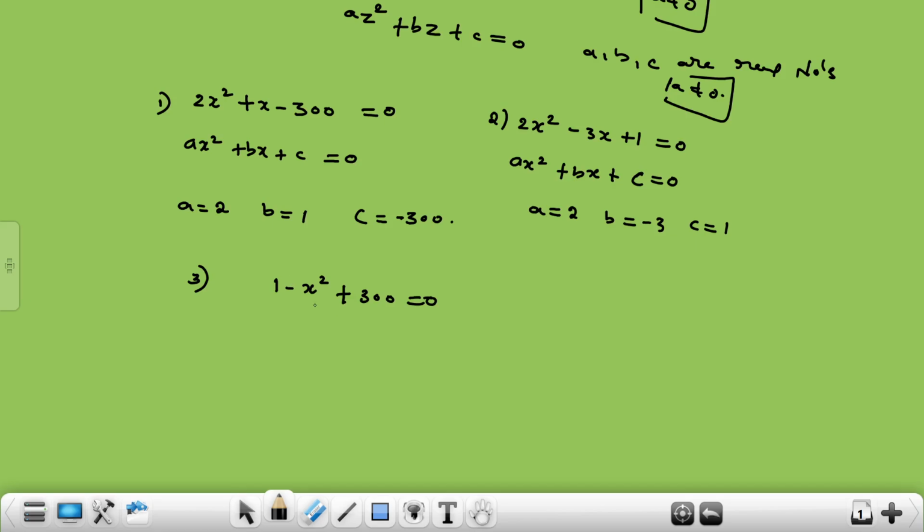So this can be further simplified as 1 plus 300, that is 301, so minus x square plus 301 equals 0. So compare with the standard form ax square plus bx plus c equals 0. So what is the value of a here? That is the coefficient of x square, that is a equals minus 1. And what is b here?